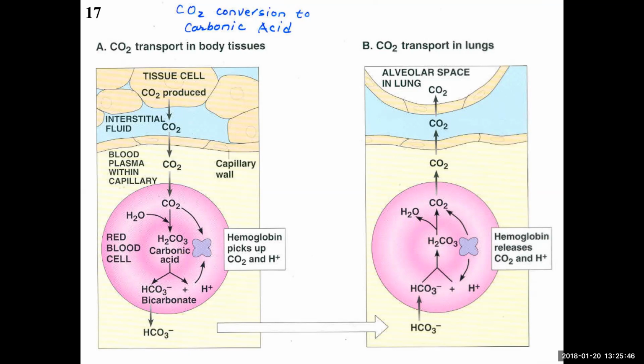And then you can see how the bicarbonate goes in the plasma until we get to the lungs where it goes back into the red blood cell, and then it can be released as CO2. All right, so some of the bicarbonate will go into the plasma. Most of it undergoes this reversible reaction under the effect of carbonic anhydrase to form carbonic acid, and some of it forms this carbaminohemoglobin, okay?